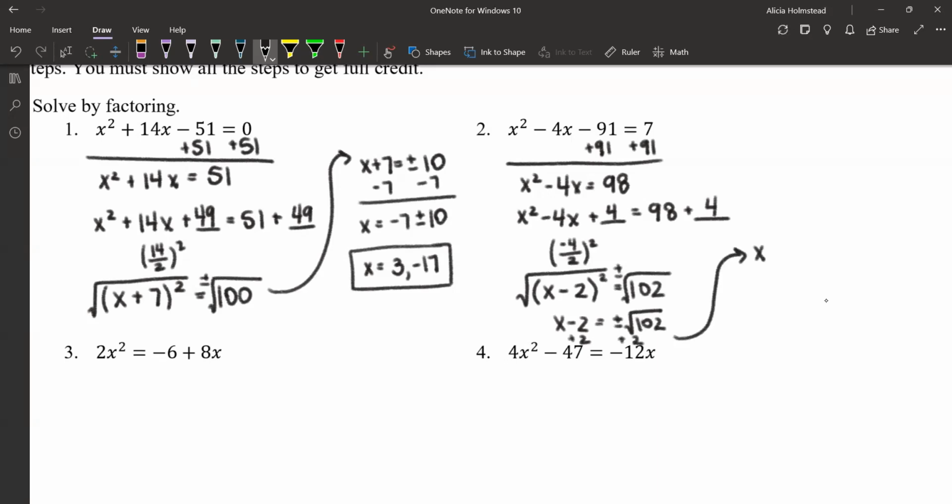So we end up with x equals 2 plus or minus the square root of 102. And then we'll just want to make sure that our radical doesn't simplify. 102 divided by 2 is 51 and 2. 51 is prime. So since it does not simplify, we know that that is our final solution.